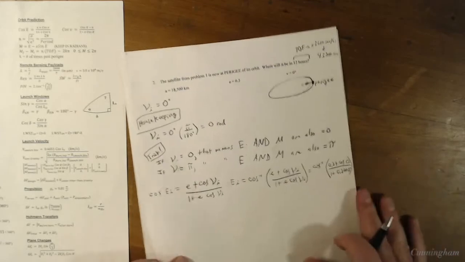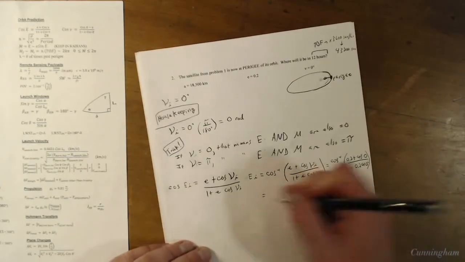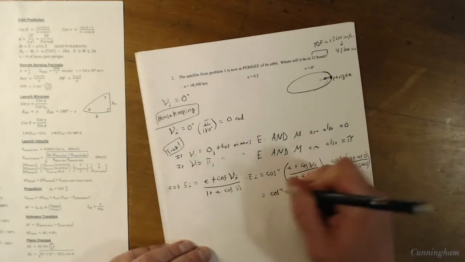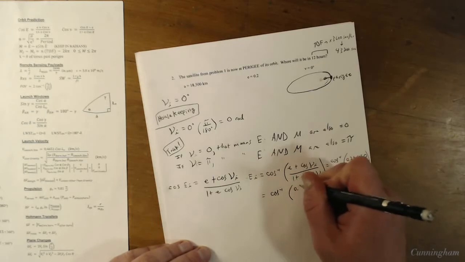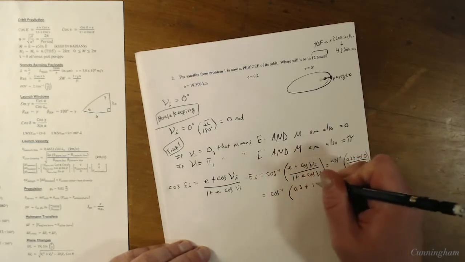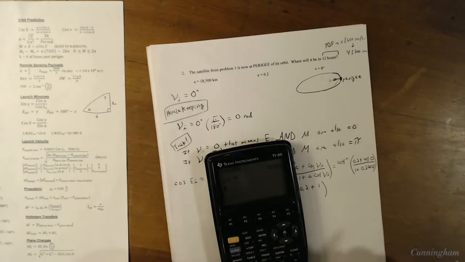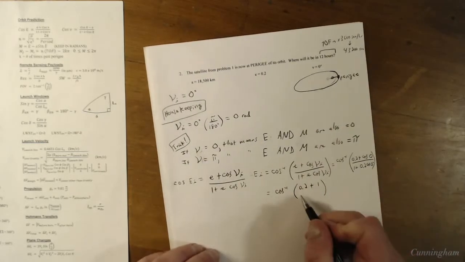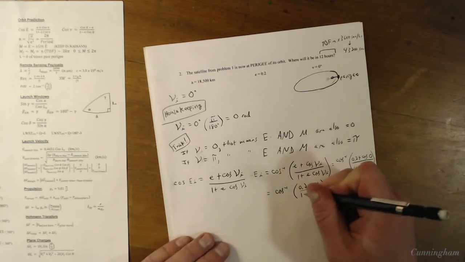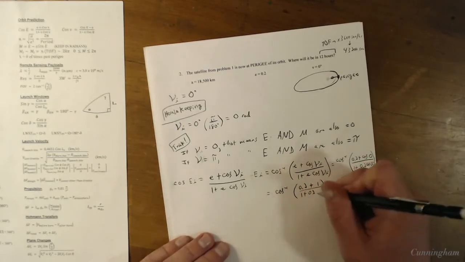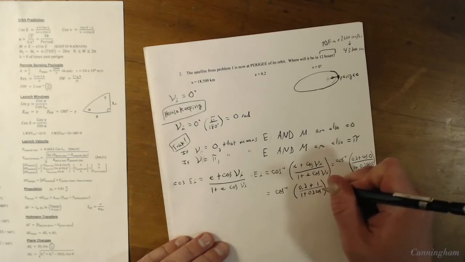Okay, so what does this come out to be? Inverse cosine of 0.2 plus 1. Do you guys buy that the cosine of 0 is 1? Over 1 plus 0.2 cosine of 0.